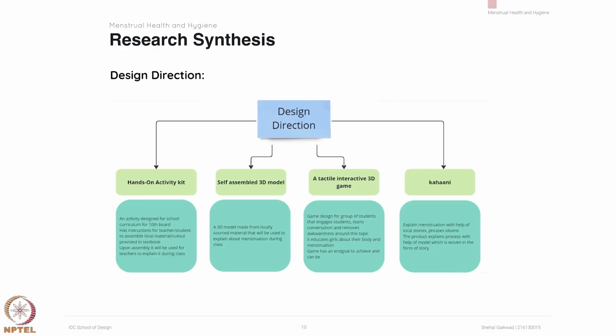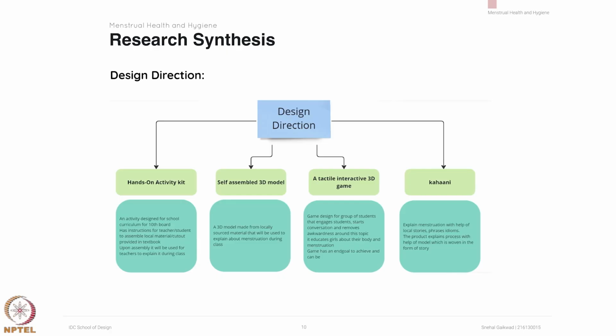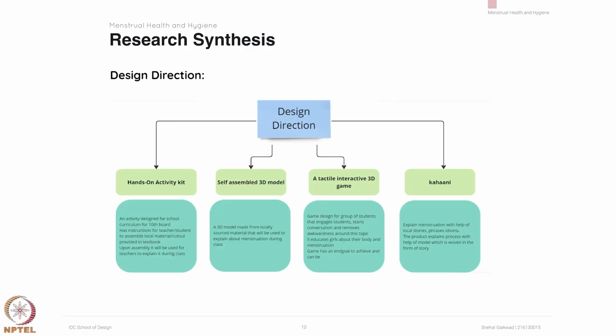Then a self-assembled 3D model, so we give a modular kit and the girls sit and join it, and then learn themselves. Then a tactile interactive 3D game, so while playing the game itself you get to explore and learn about this.